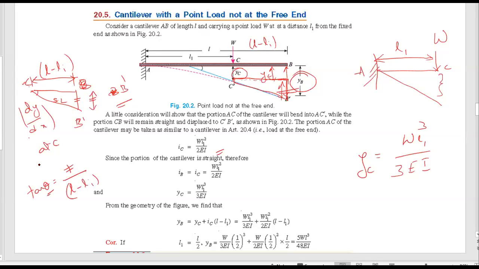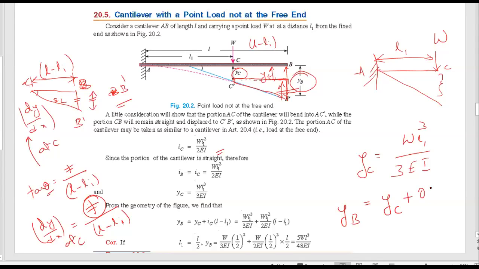So we can substitute the value: dy by dx at C is equal to the height by L minus L1. Therefore, YB can be written as YC plus theta C into L minus L1.